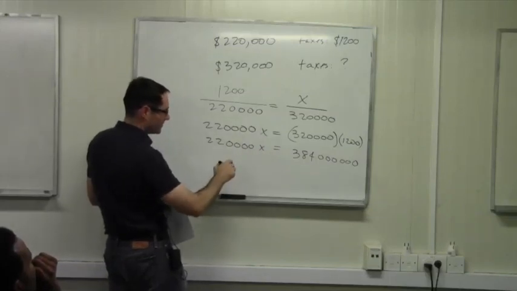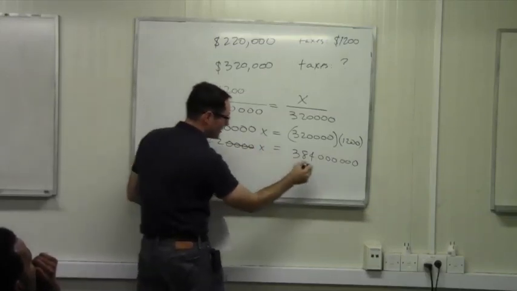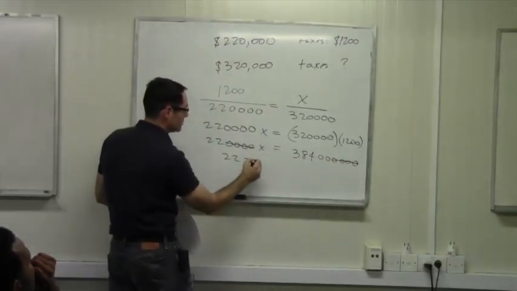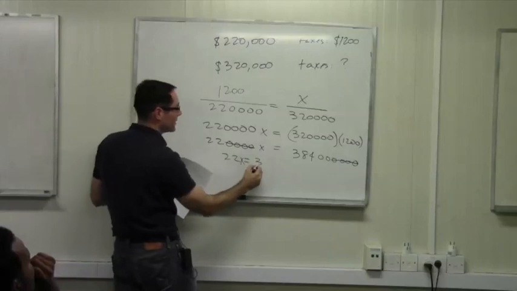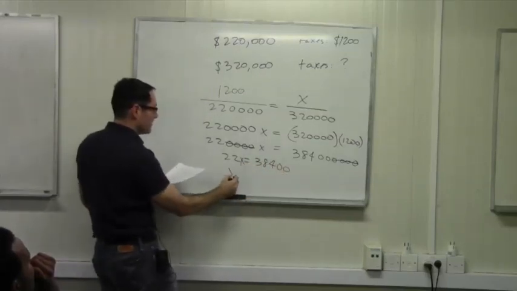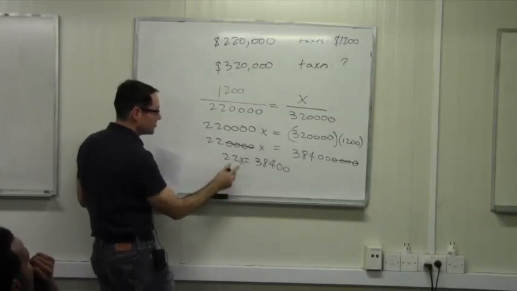Now you can cancel out some zeros. 1, 2, 3, 4. I can cancel all those out, and say 22x equals 380,000. Divide both sides by 22.